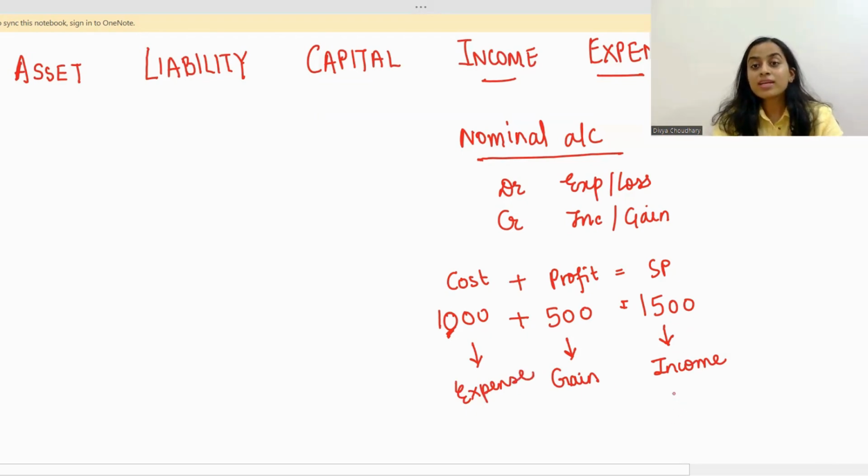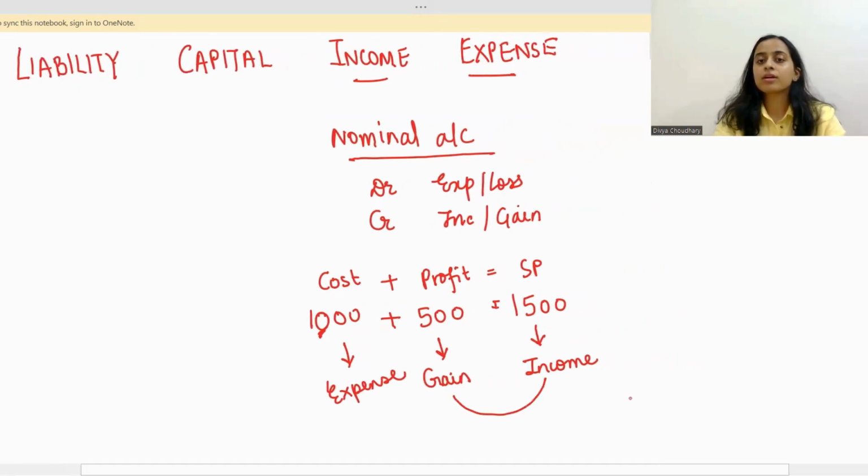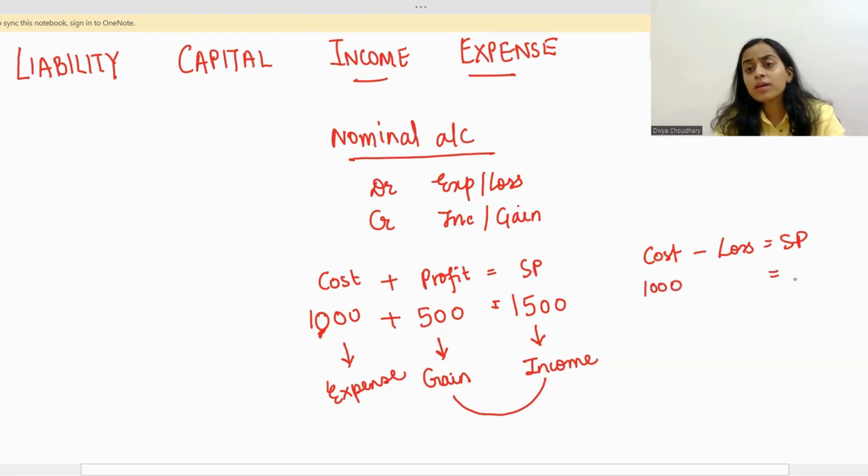So income includes your profit. Profit is just the amount that you're charging over and above cost. That's how gain and income are different. So if we want to learn loss, let's say if the product is of 1,000 and you're only able to sell it for 800, you're incurring a loss of 200.